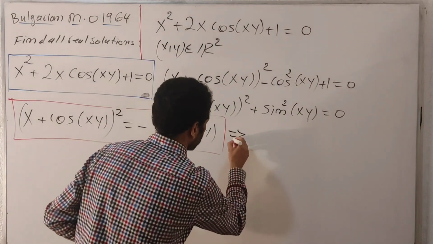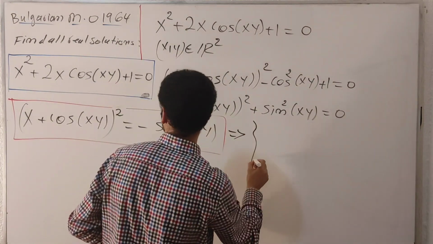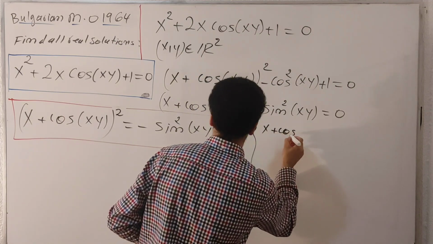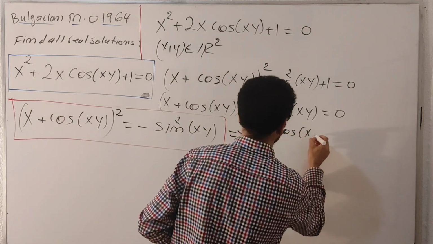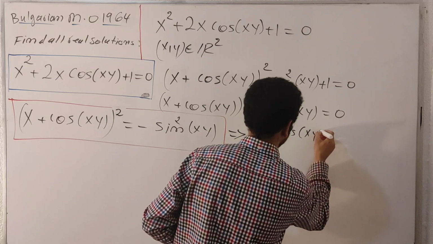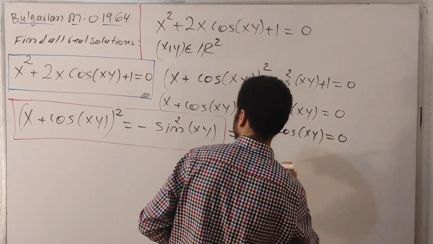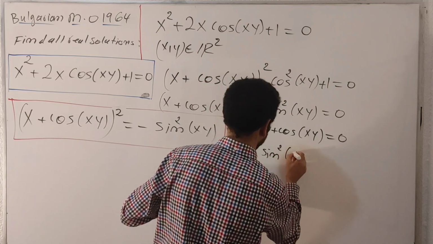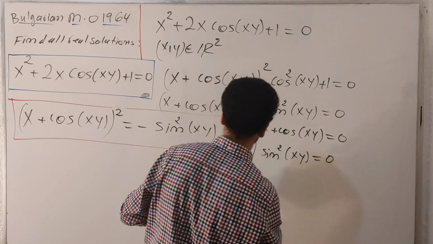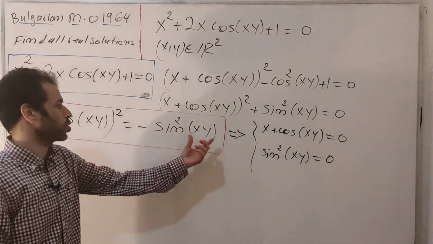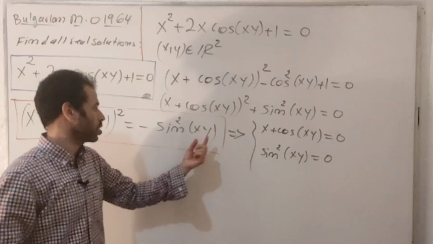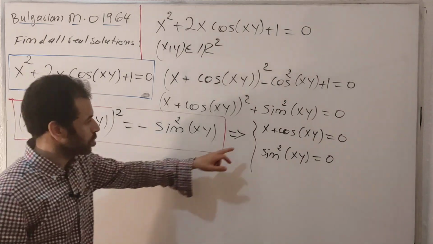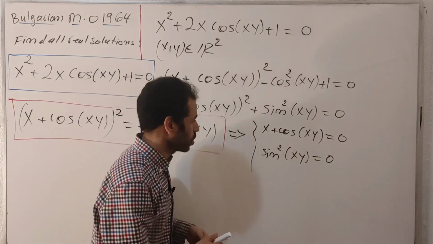So I will have x plus cosine xy equals 0 and sine square xy equals 0. Because this one equals 0, that means this one equals 0. That means both sides equal 0.